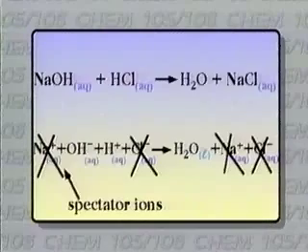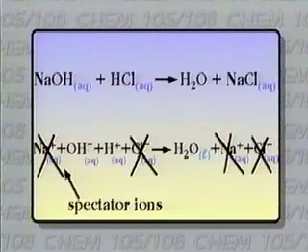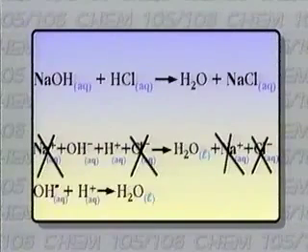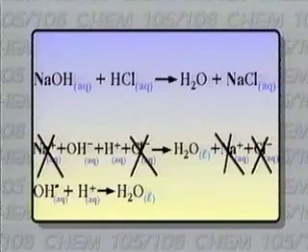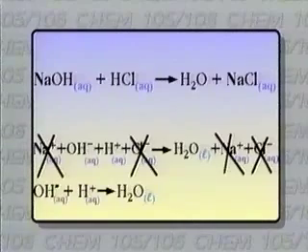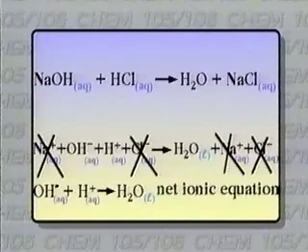If we get rid of the spectator ions, we could write this chemical equation as OH minus aqueous is actually reacting with H plus aqueous to produce H2O. That is, in fact, what the chemical reaction was if we dump those two together. That's sometimes referred to as the net ionic equation.